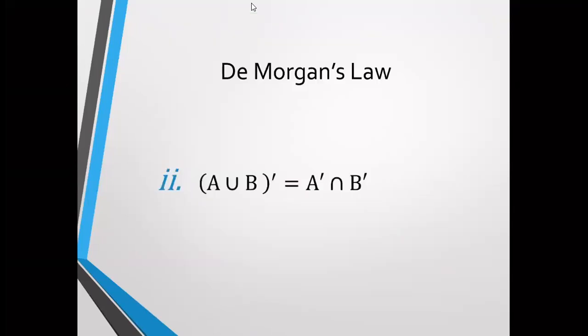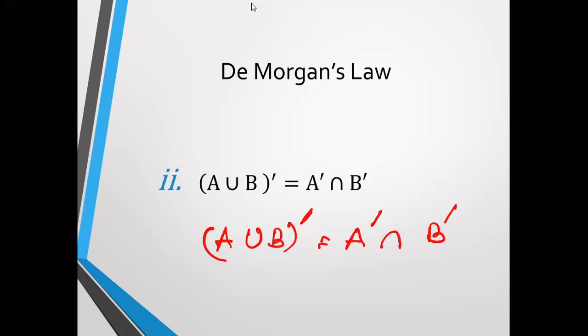Let's discuss the second one as well. Previously we had A intersection B whole dash. Now we have A union B whole dash. We want to remove this bracket by taking this complement into the bracket. Therefore, we write A dash, B dash. Earlier we had union, and that union becomes intersection when we remove the bracket. Understand?